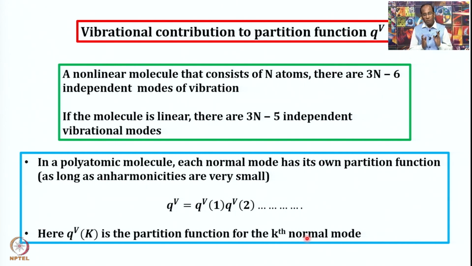When we were considering translational contribution to partition function or rotational partition function, this kind of situation did not arise, right. In that case, we just used the contribution due to translation, the contribution due to rotation, and we just took care whether the rotor is linear or non-linear.